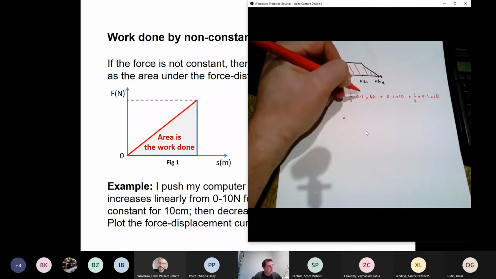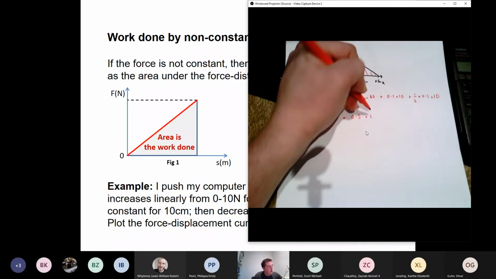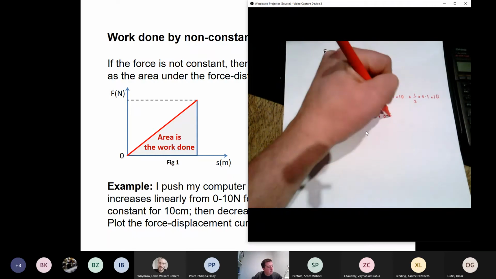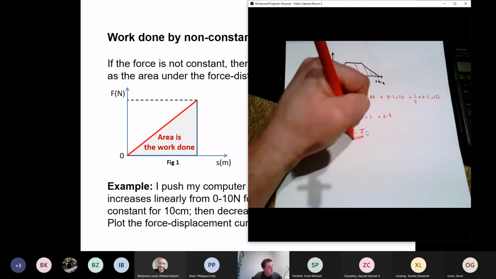And when we put all of that together, this is 0.5 plus 1 plus 0.5, which is 2 joules.